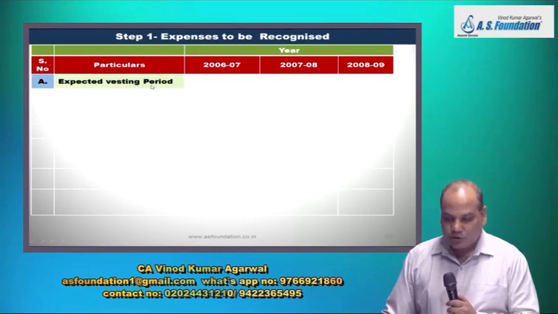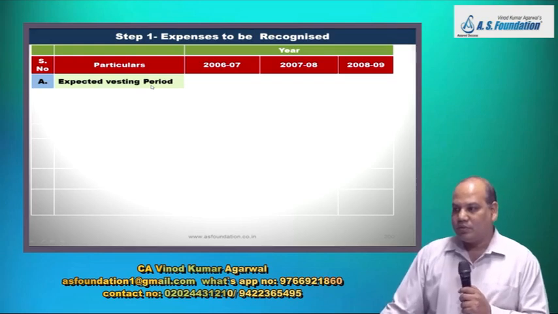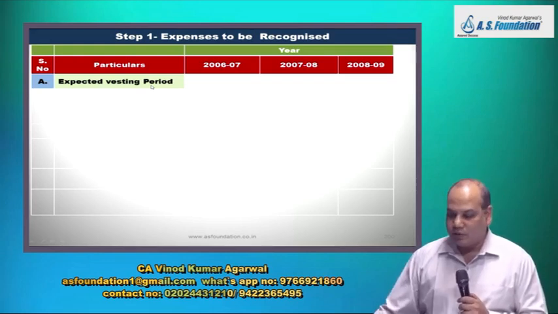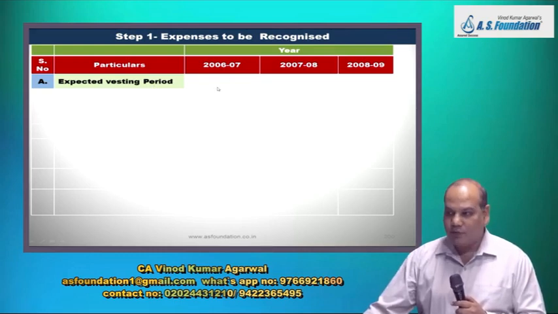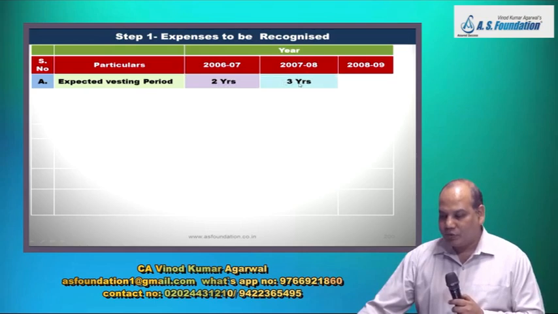Now in this problem, this is important. Should we take 1 year or 2 years or 3 years? Should we take 1 year? No, we cannot take 1 year because your condition could not be fulfilled in 1 year. You expect that it will be fulfilled in the next year, so take 2 years. But when I go to the second year, it is not fulfilled in 2 years. We'll add 1 more year, 3 years, and then 3 years.